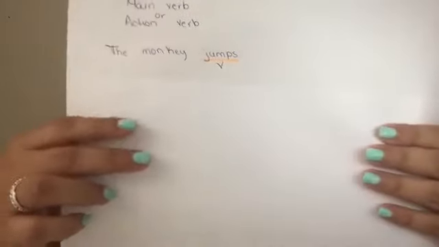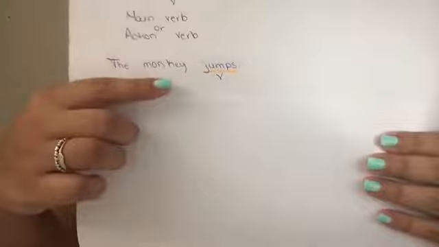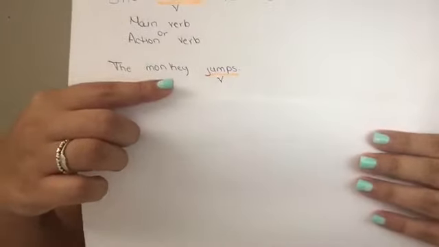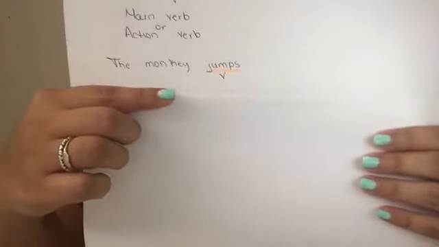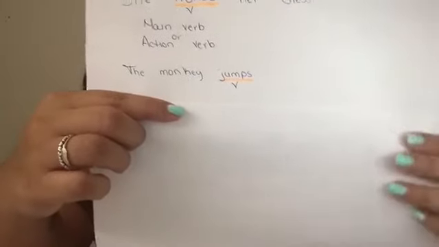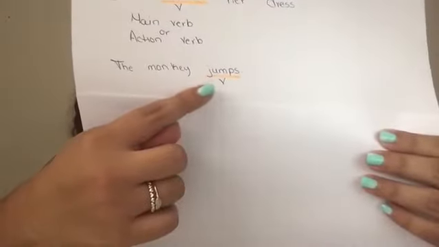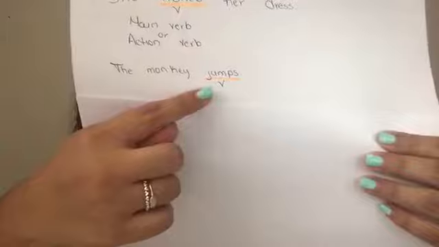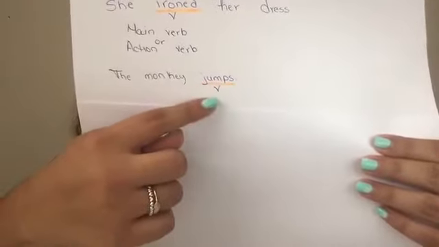We ask the subject, the monkey, what is it doing? The monkey jumps. That is your action or main verb. Remember, if you know what a subject is, you will always ask the subject what is it doing, and that will be your verb.